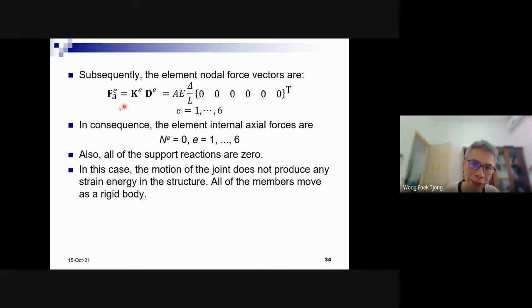We can easily calculate the applied nodal force. And surprisingly, in this problem, actually not so surprising for me, it's all zero. It means what? The motion of the supports doesn't induce any internal force.